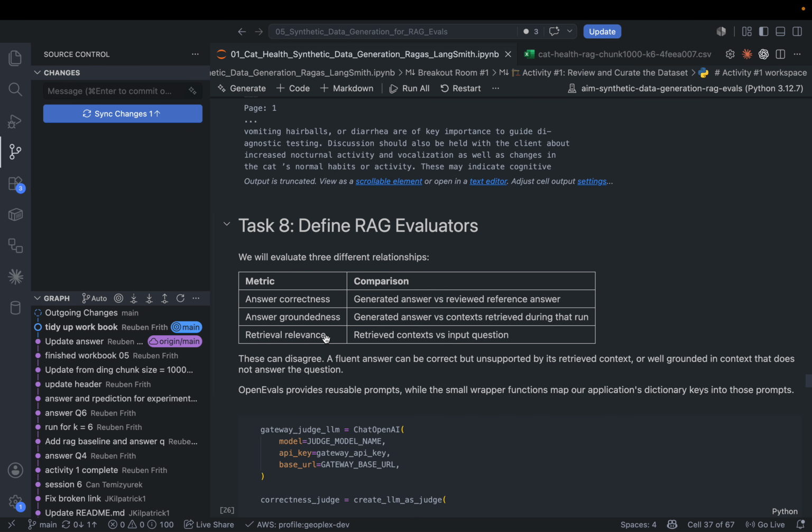And then retrieval relevance, whether the context retrieved was relevant to our input question.